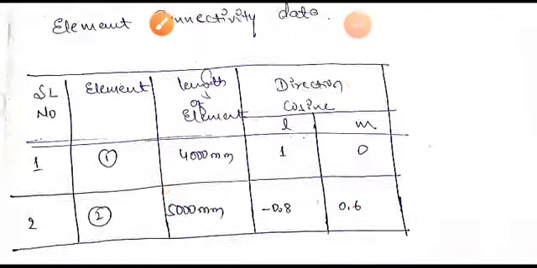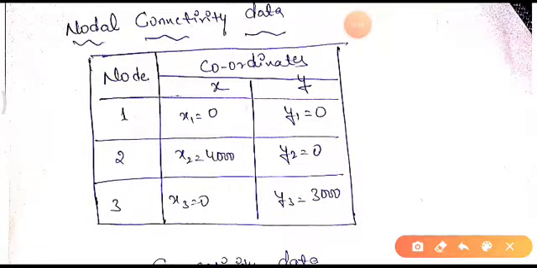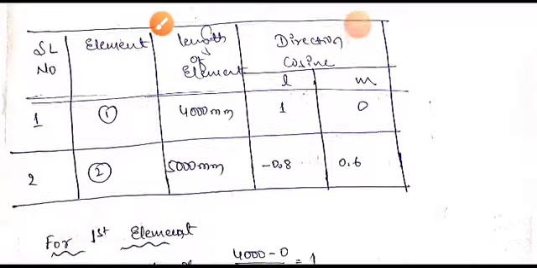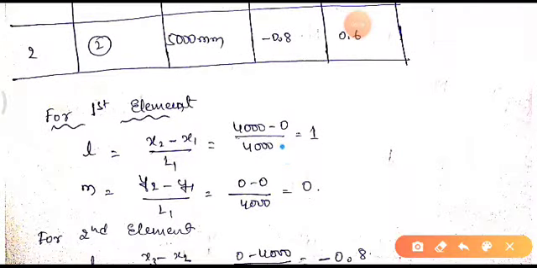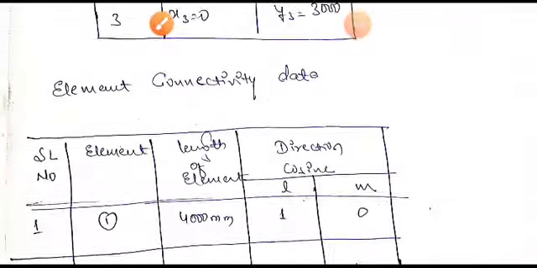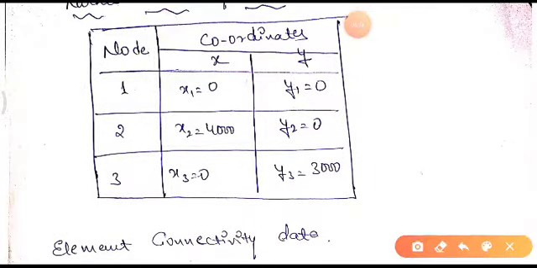Here x2 is 4000 and x1 is 0, so 4000 minus 0 divided by the length of the element, which is 4000. If you simplify, you will get 1. Similarly, M is equal to y2 minus y1 divided by the length of the first element. Here y2 is 0 and y1 is 0, so you will get the answer as 0.